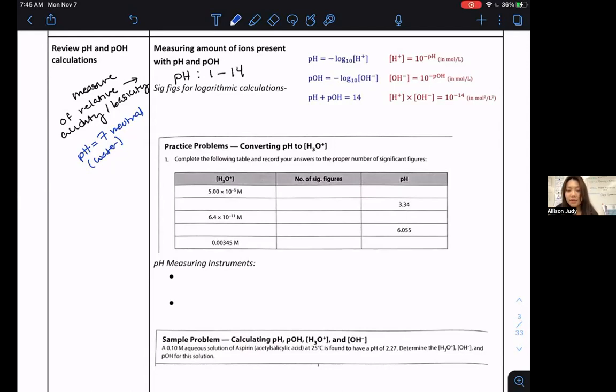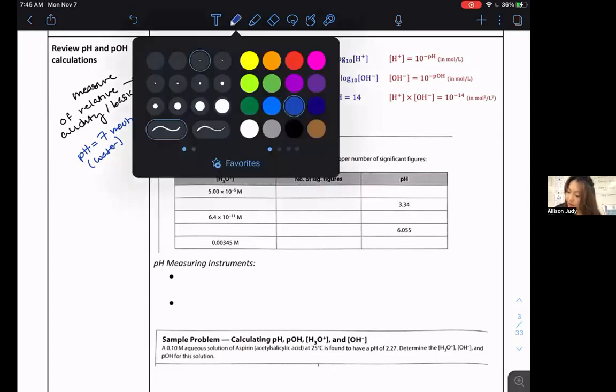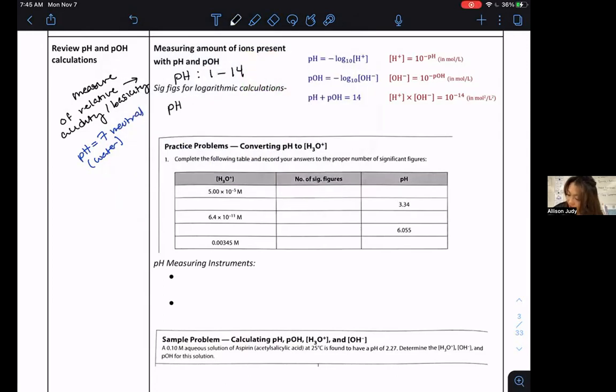For example, if you got a value of 3.28 for your pH, and I'll write this in black, if I got a value of pH equals 3.28, my sig figs are just 2 sig figs.